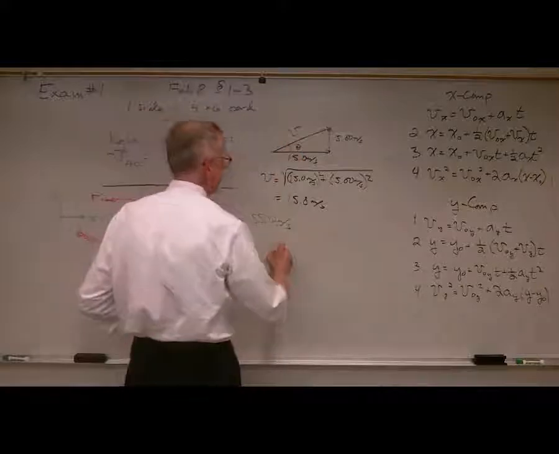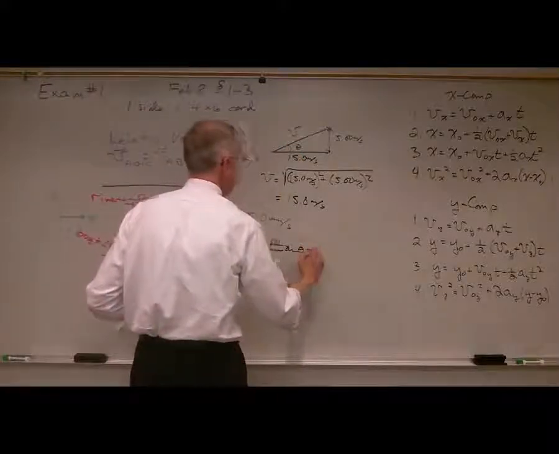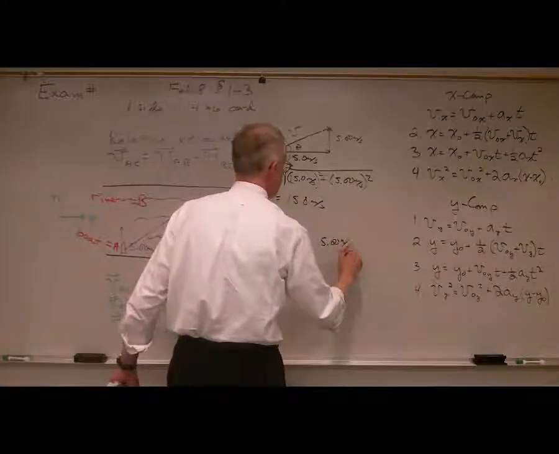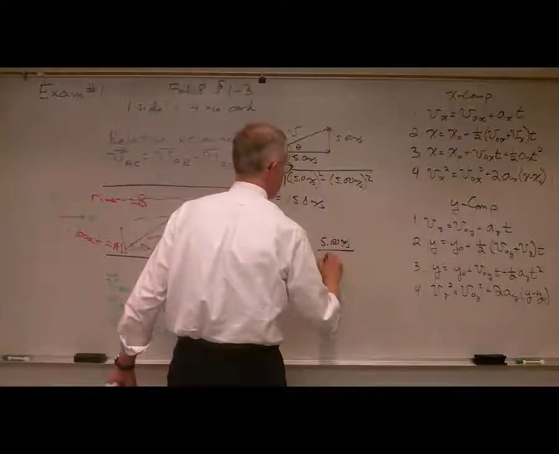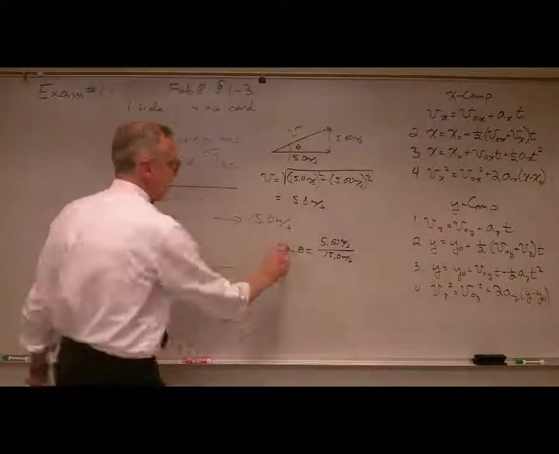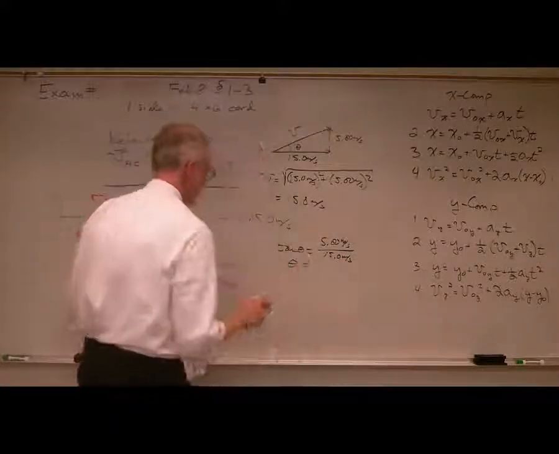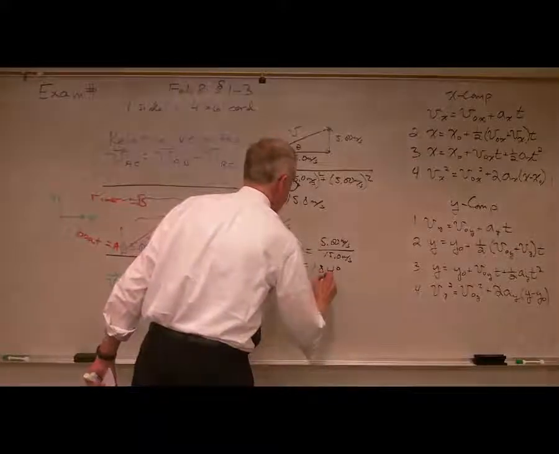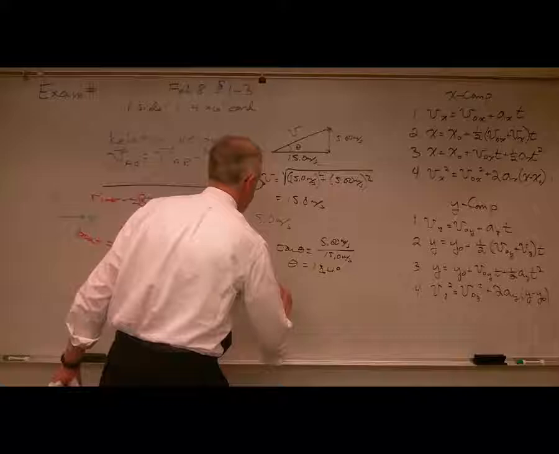We can find the direction with tan theta is opposite over adjacent, or 5 meters per second over 15 meters per second. Divide that, take the inverse tan, and we find theta is equal to 18.4 degrees. So what is our final velocity?